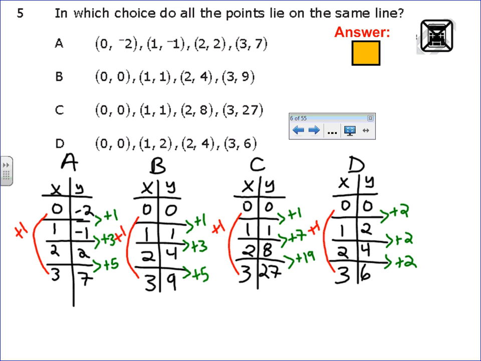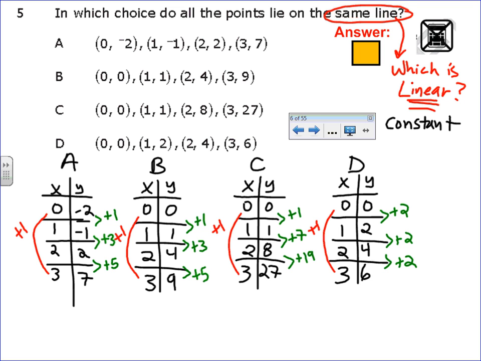Okay? If they're asking which ones lie on the same line, that's another way of asking which one is linear. Which one's going to make a straight line? To make a straight line, you have to have a constant change. Okay? It has to be doing the same thing each time. So since all of them are adding by 1, I need a table where the same thing is happening each time on the other side.